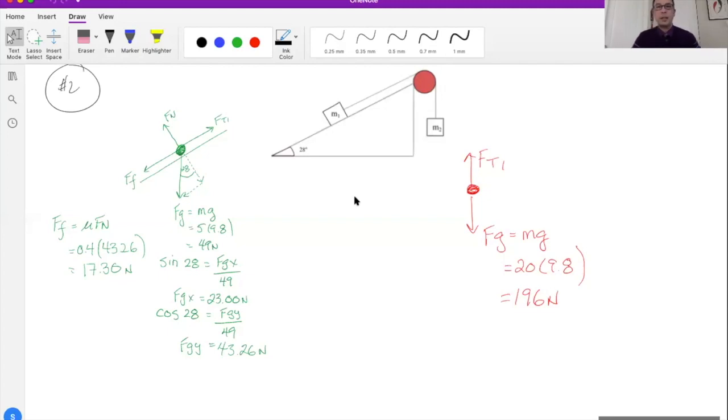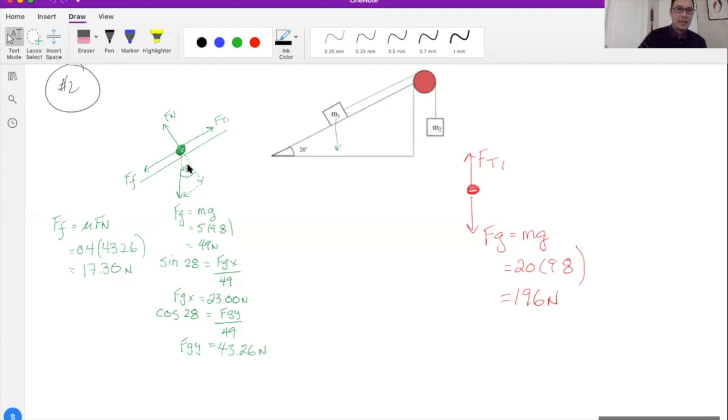Okay, so you can see I've done some free body diagrams here. M1 is in green over here and M2 is in red over here. Please notice at M1 that if this angle here is 28 degrees, then this angle here, which is between the vertical force of gravity straight down on M1, that force of gravity would be like this, right?